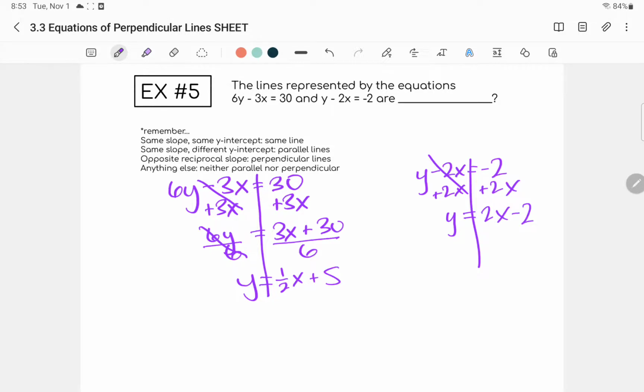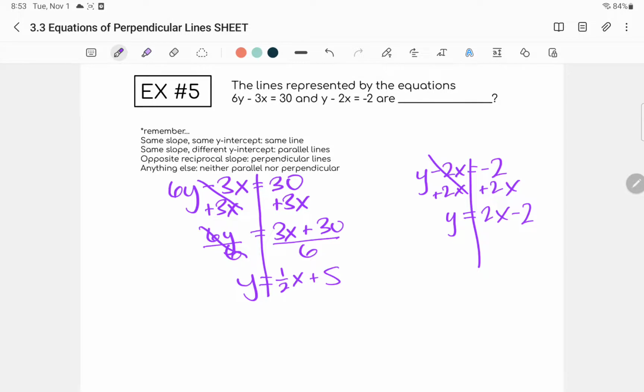All right, so are they the same line? No. Do they have the same slope and different y-intercept? No, they're not the same or parallel. Are they perpendicular? Are they opposite and reciprocal? So I have 1/2 and I have 2.